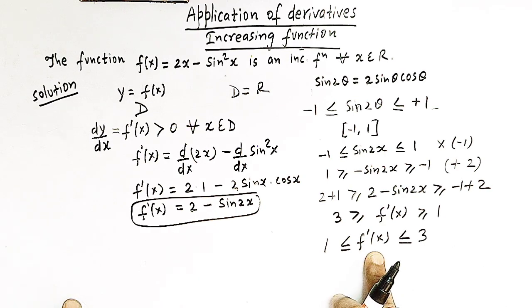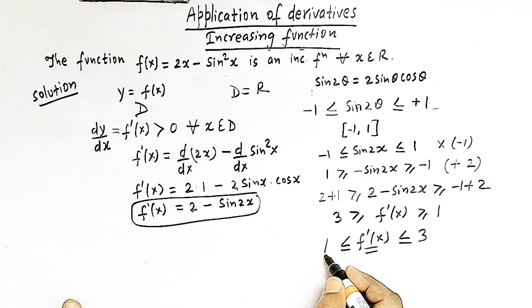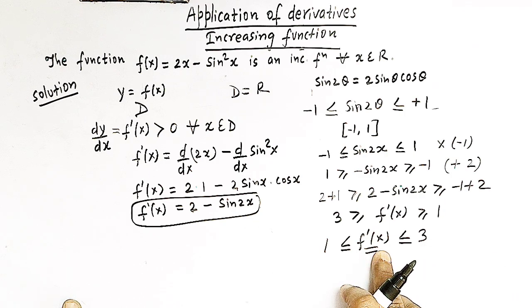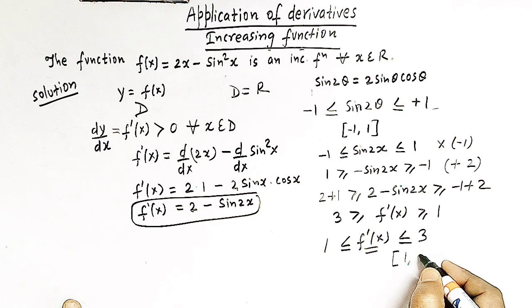Now from this inequality, we can easily conclude that the derivative f prime of x lies in the interval 1 to 3, where both these endpoints are included.